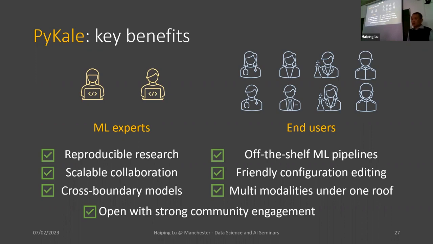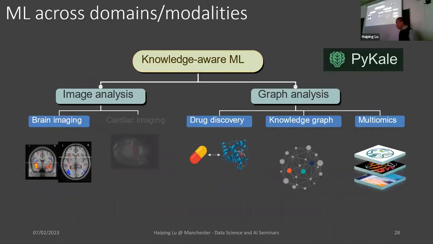So that is an introduction to our research in machine learning across domains and modalities. I have introduced to you how we learn from imaging data across domains and modalities, for example, incorporating phenotypic data and getting much better results.